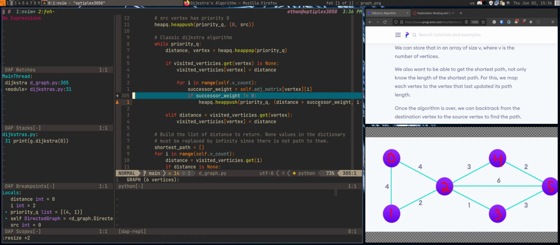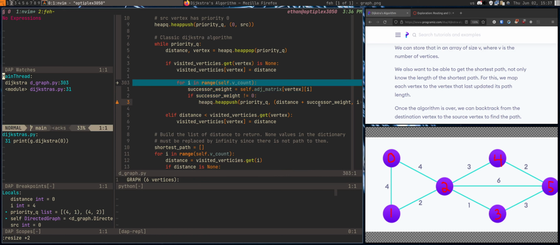So we're getting a total path length here. And so we can continue doing this for every vertex here. You can see we're currently still on vertex 0, and we push these other two neighbors into the priority queue.